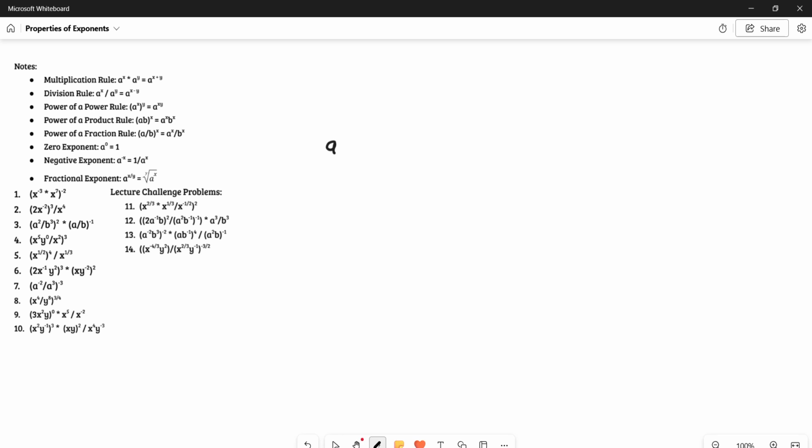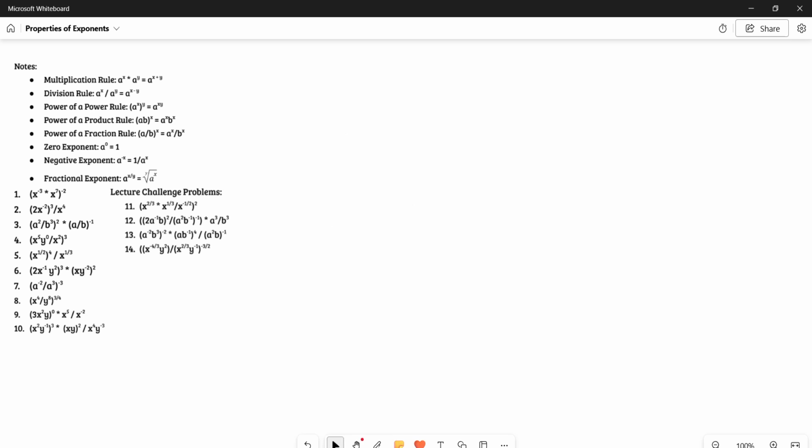Let's say we have the base a, and we bring that to the power of negative x. You just flip it to 1 over a to the x. For example, 3 to the power of negative 2: we flip this to 3 squared, and that would be 1 over 9.